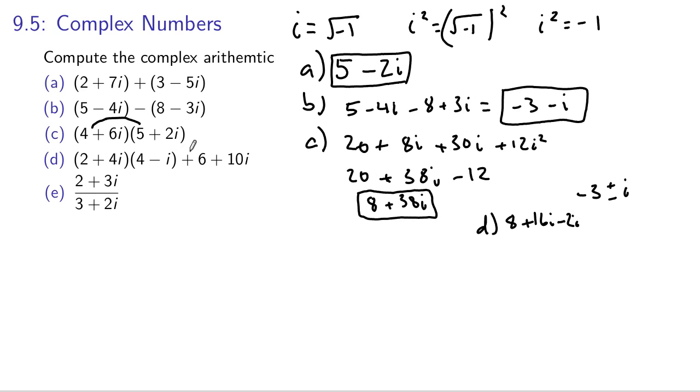And 4i times minus i is minus 4i squared. So 8 plus 16 minus 2 is 14i. And then i squared was negative 1. Negative 1 times negative 4 is positive 4. 8 plus 4 is 12. So the answer is 12 plus 14i.